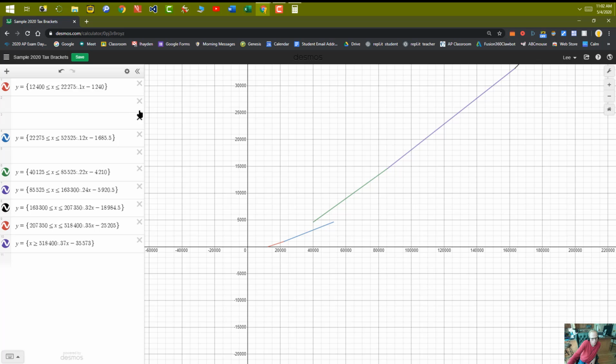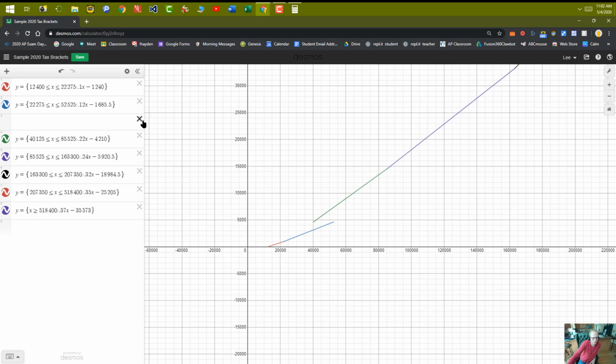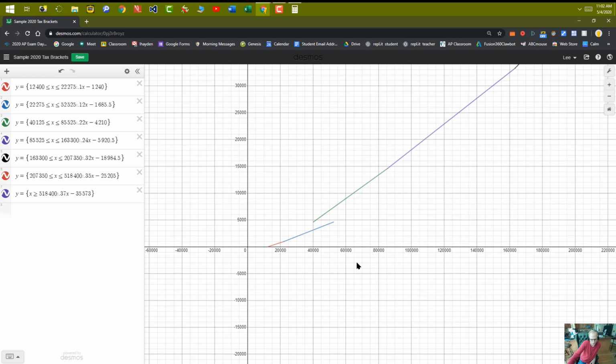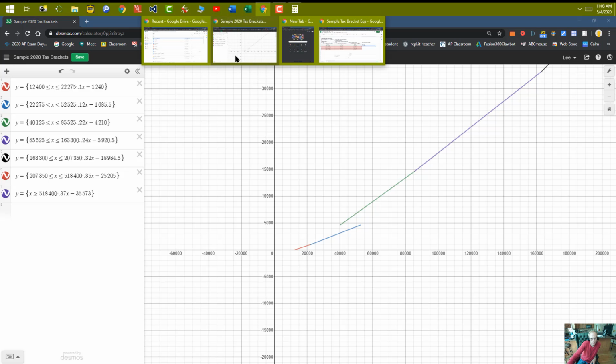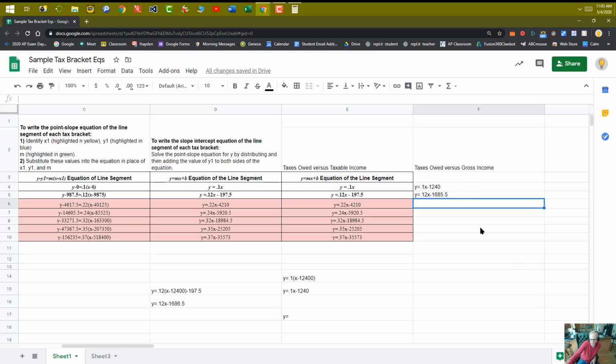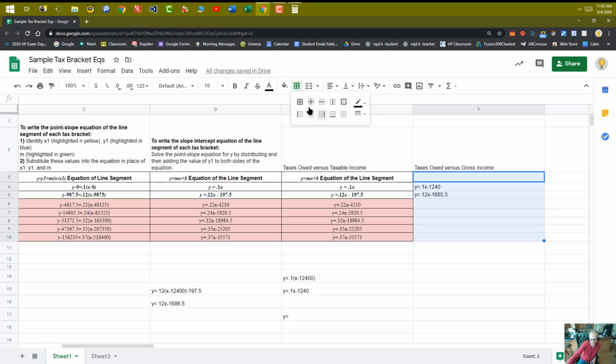So your job for homework is going to be to do the same thing for the other equation. So that instead of having taxes owed, the y-axis, versus taxable income, it's going to be gross income. X is going to be gross income. So once again, what you need to do is go into your spreadsheet and make another column right here for taxes owed versus gross income.